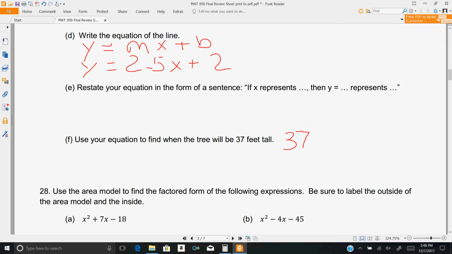Y represents the height. We want the height to be 37. So instead of saying y equals 2.5x plus 2, I now know that 37 equals 2.5x plus 2.